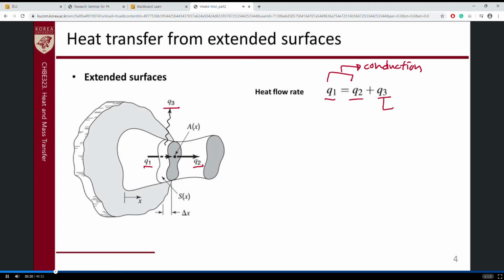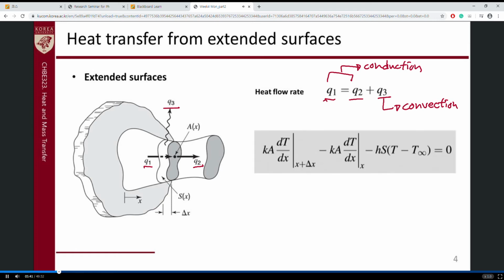And Q3 is supposed to be a convection term. Now, by using this energy equation, we can make equations because we learned this, right?